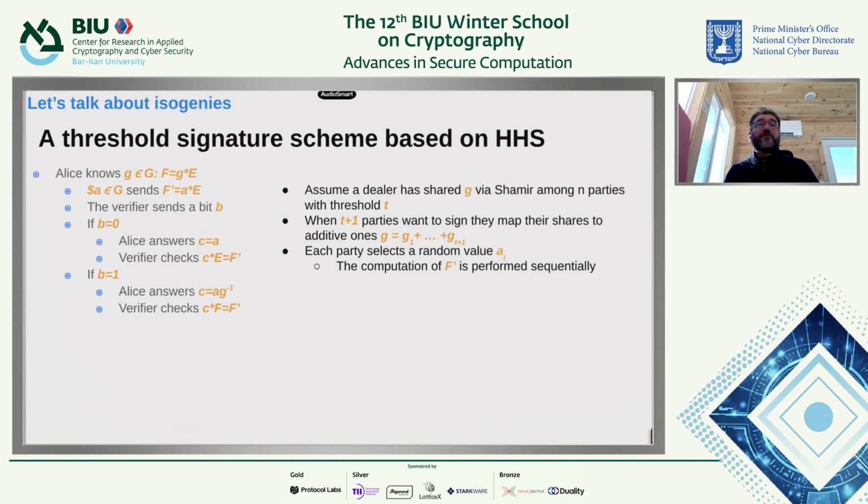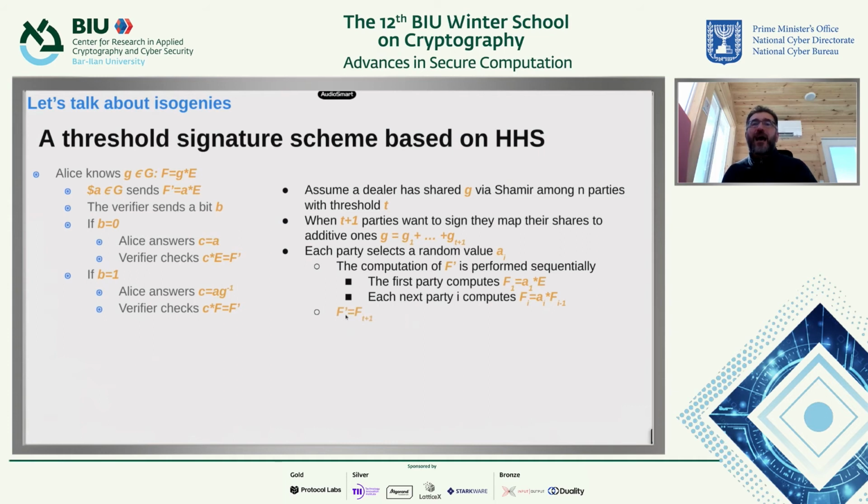But the first thing they have to do is compute this F prime, which is A times C. If each guy has AI, the only way we know how to compute A times C is to apply the AI repeatedly. So the first guy applies A1, then the second guy applies A2 to the result of the first guy, and so on.